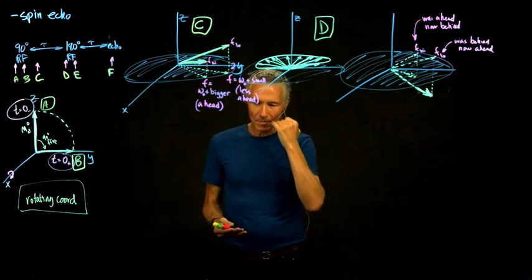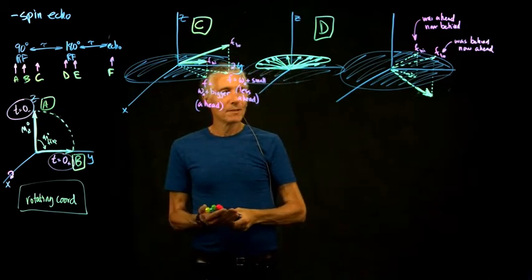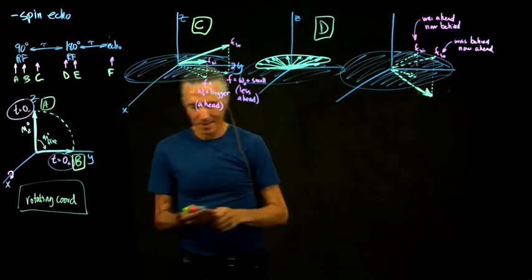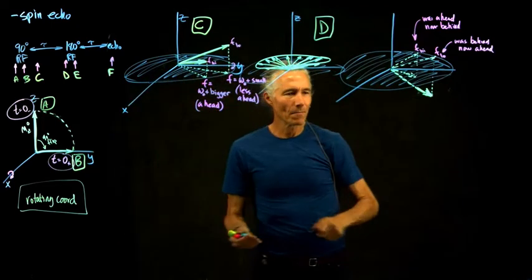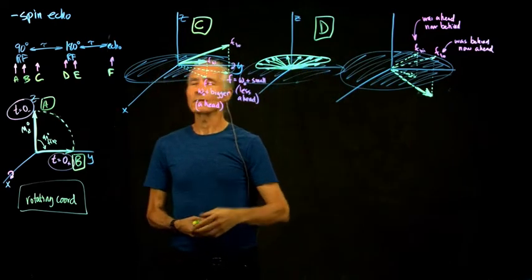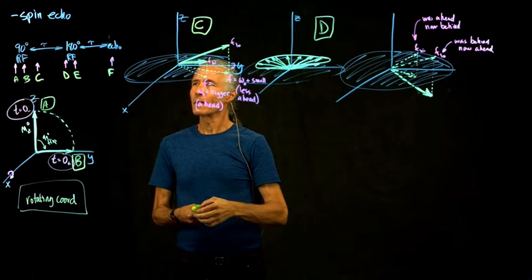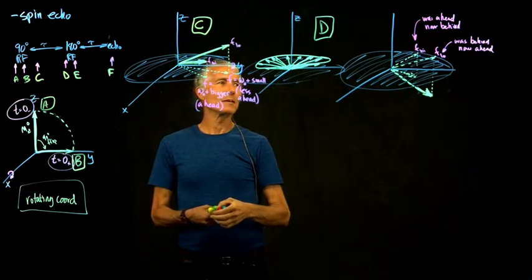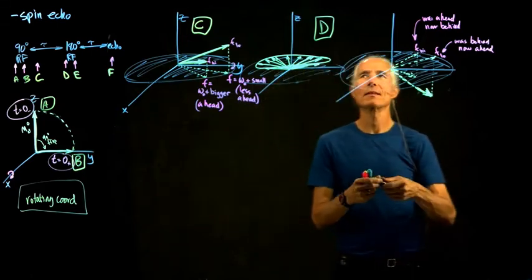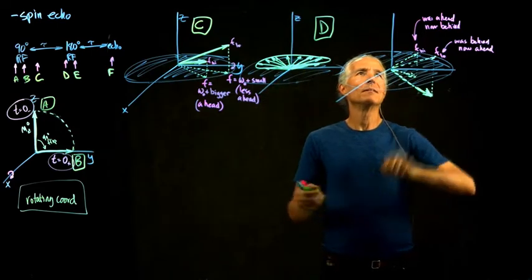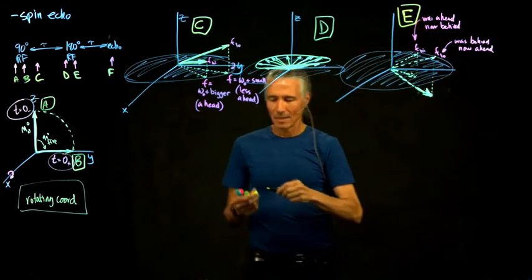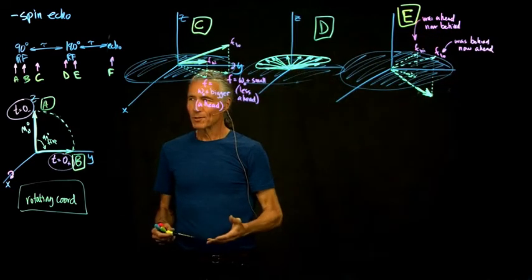So the bottom line is the echo. So what happens at the echo? This was our position, this is E. And so finally, what happens during the echo?